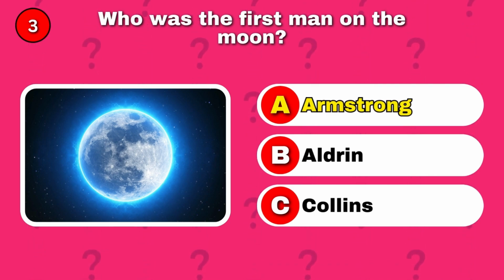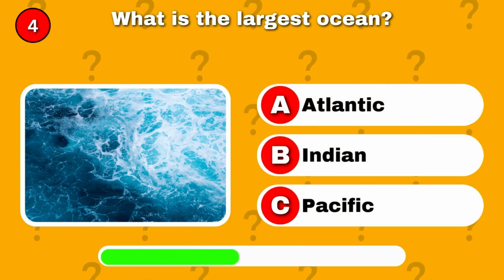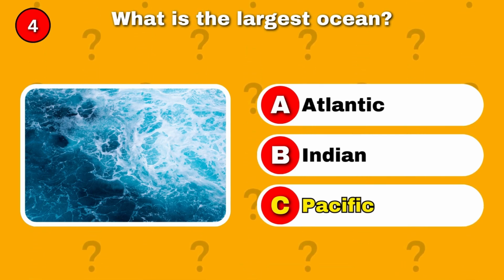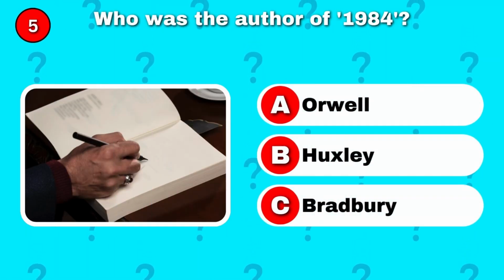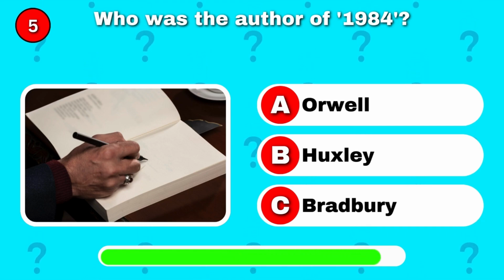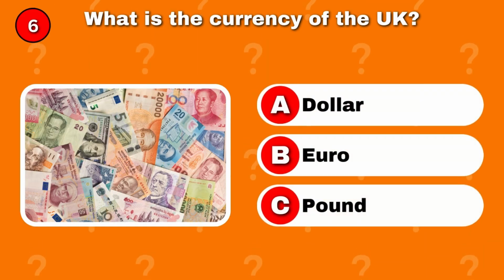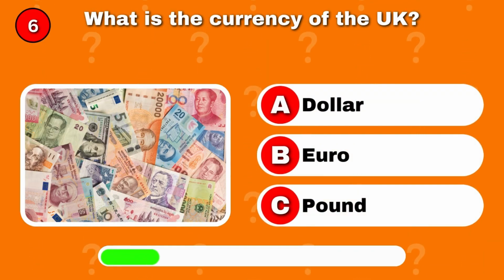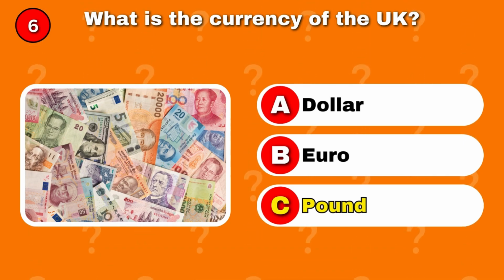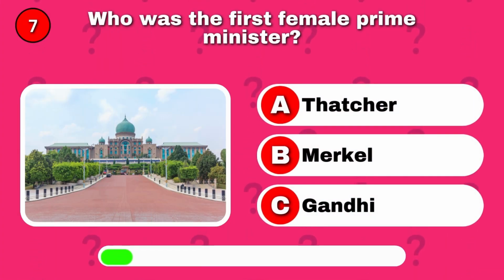A. Armstrong. What is the largest ocean? It's the Pacific. Who was the author of 1984? A. Orwell. What is the currency of the UK? C. Pound. Who was the first female prime minister?